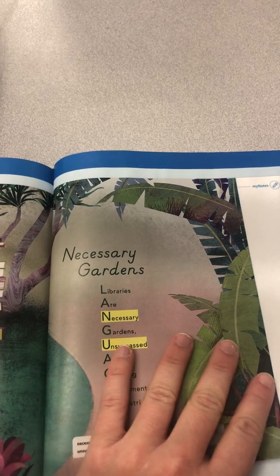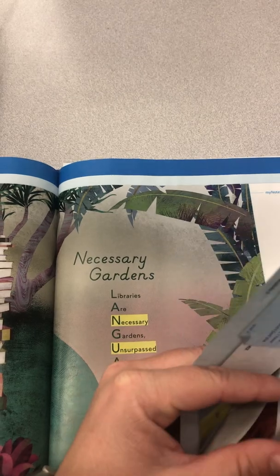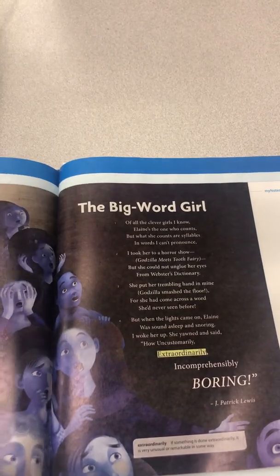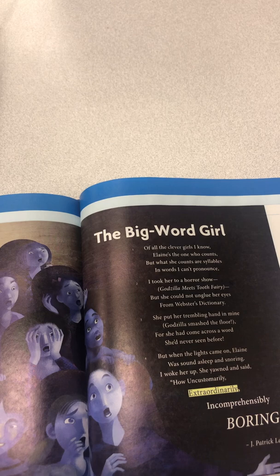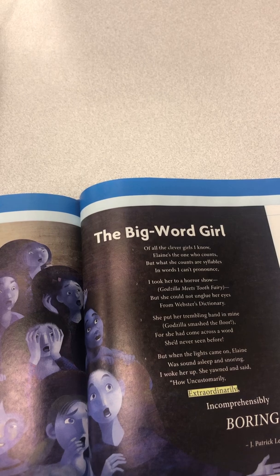All right, let's go to page 364. Remember that an allusion is a reference to a well-known person, event, place, or form of art.